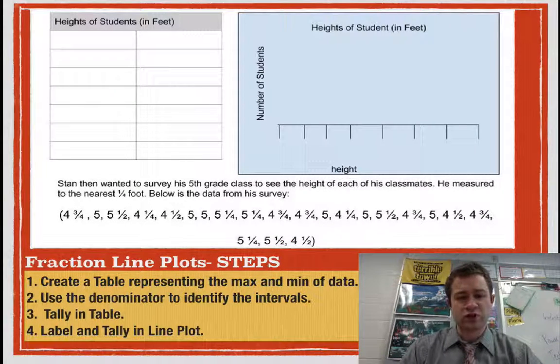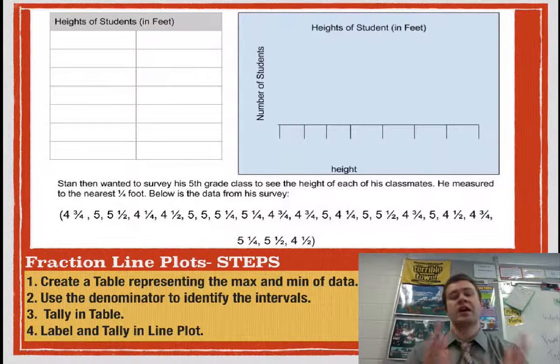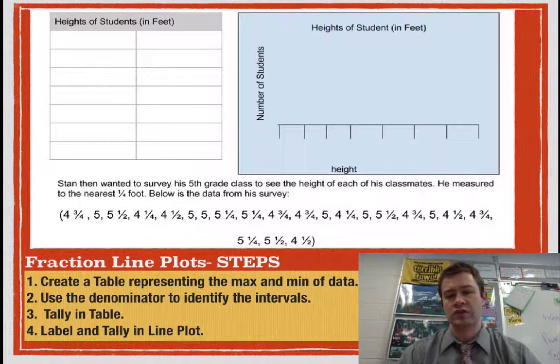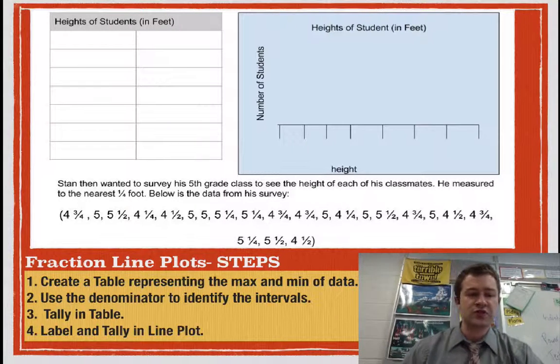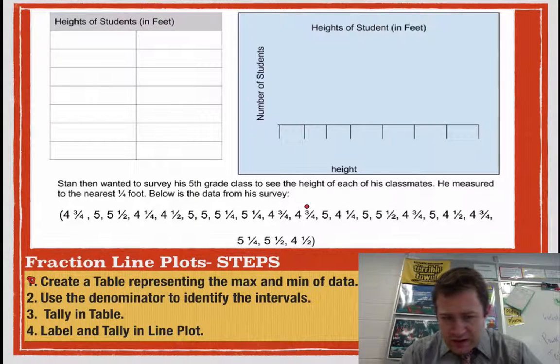And so I have a similar question, but what I have here is I have the heights instead. And so we're going to tally this up. We're going to create a tally table, and then we're going to use that to create our heights. So using this data, my first step that I want to look at is this. Create a table representing the max and min. So our maximum looks like it's 5.5 feet.